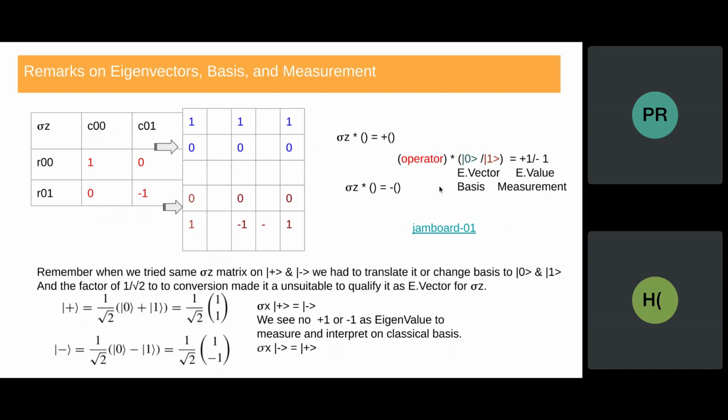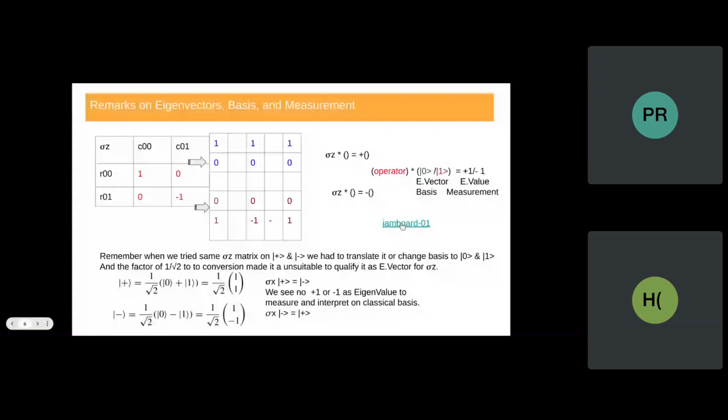So this is the operator, a matrix operator operating on a vector to produce another vector, and when it does that, it results in a scalar, plus or minus 1. To look at them, I show you this specific matrix separately so that it's easy to understand.